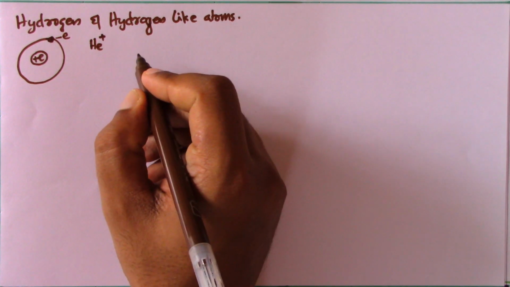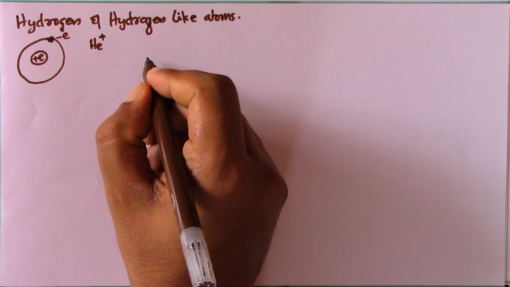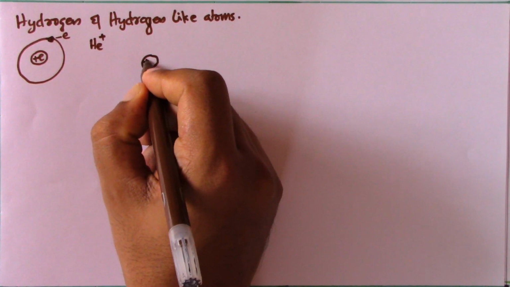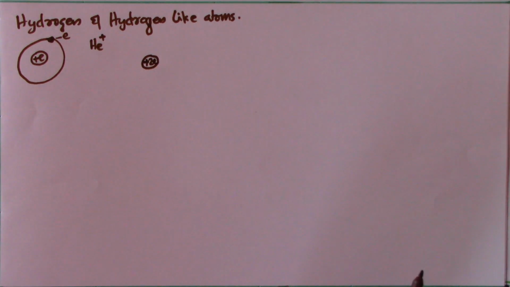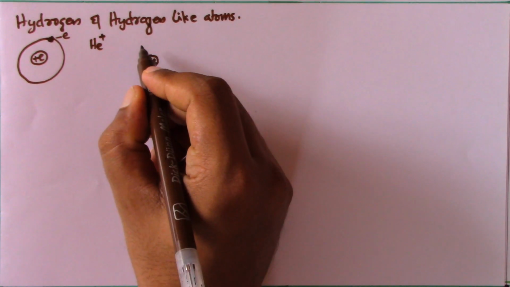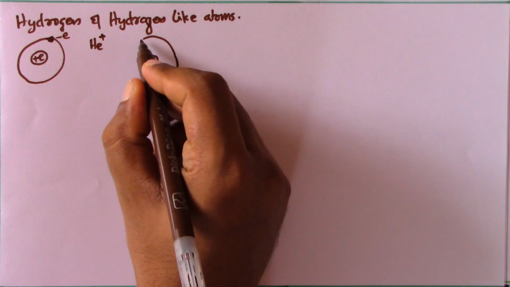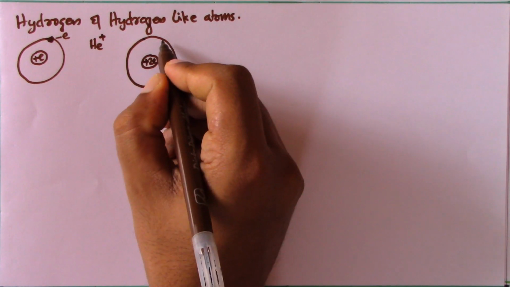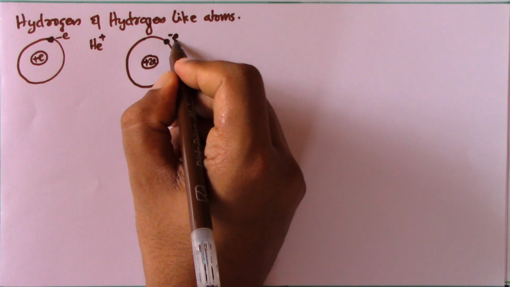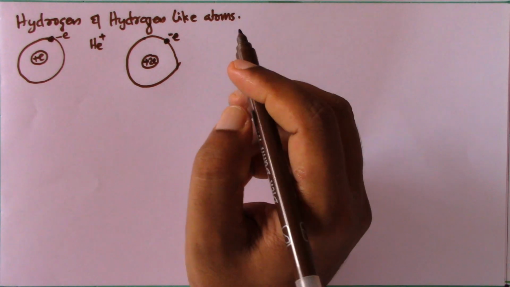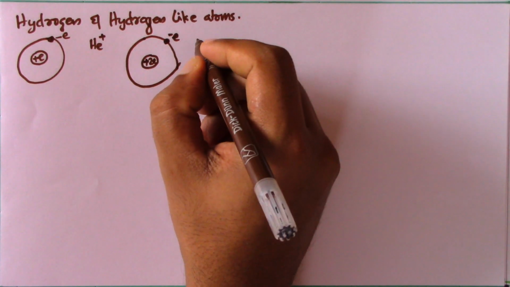And it has 2 positive charges in the nucleus. So the nucleus has plus 2e as the charge, and around this nucleus there will be one electron with the charge minus e. And what about Li2+?